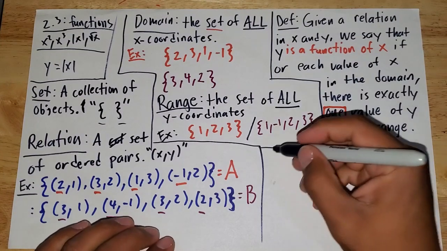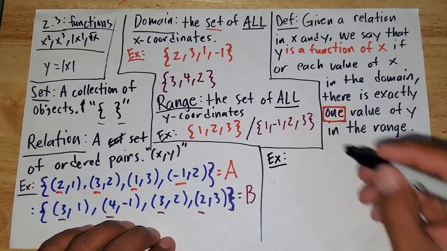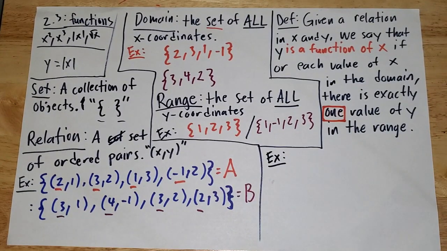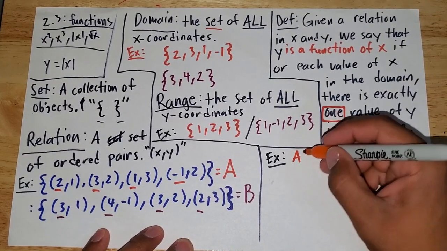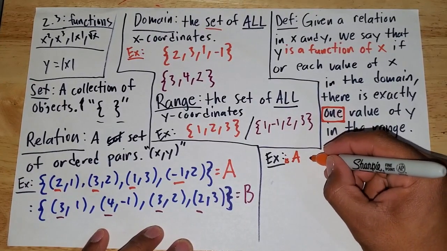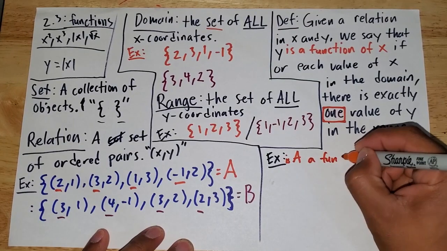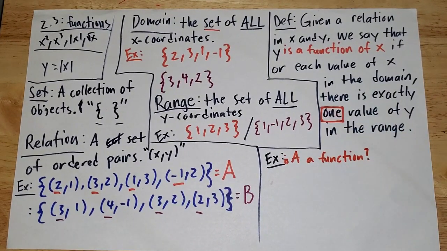So let's see, for example, let's look at the relation A, since we have it right here next to us. Or I should have said, is A a function? That's our question. Is the set A a function?